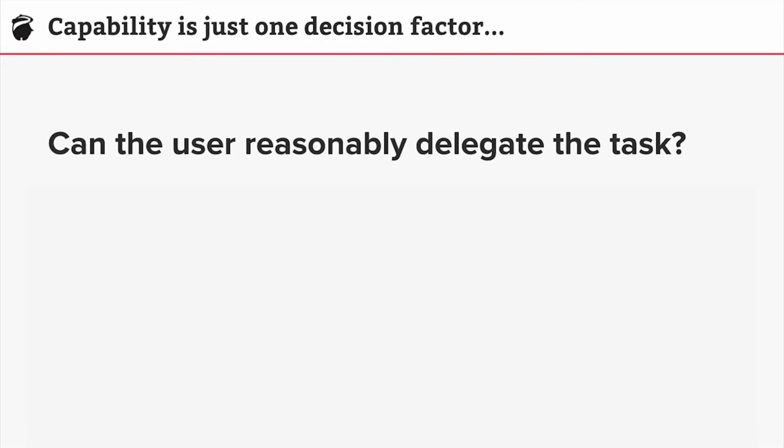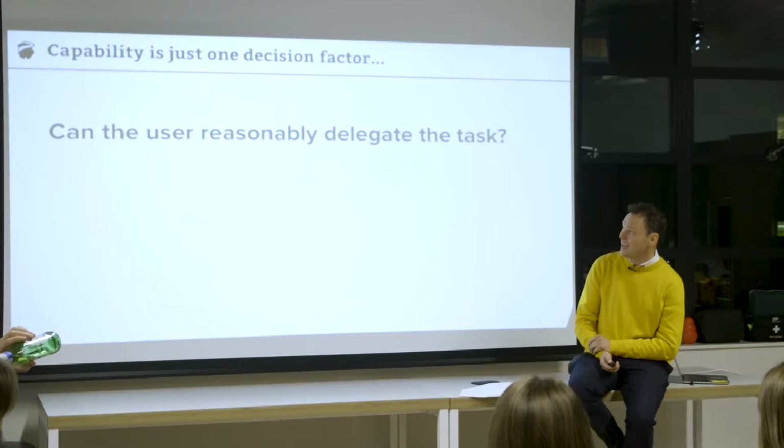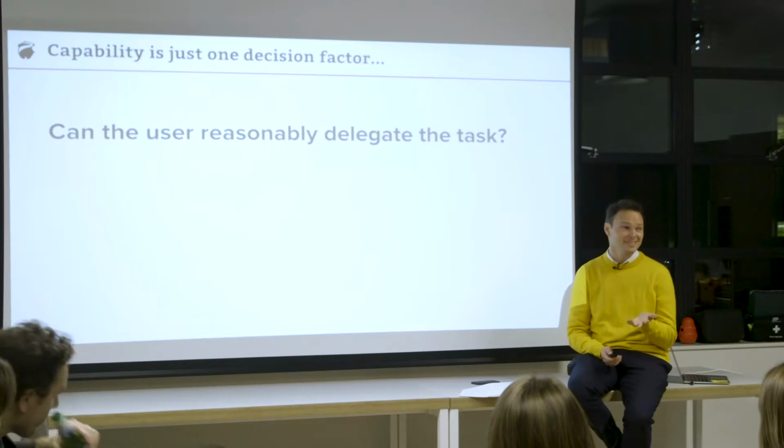But there are other things. It's not necessarily just because you're bad at something you should hand it to the machine, because there are other factors. And that's where designers are really essential with the human-centered perspective, to make sure this stuff stays in the service of the human and it doesn't blow up as often. So can the user reasonably delegate a task? That's pretty simple sometimes, really.